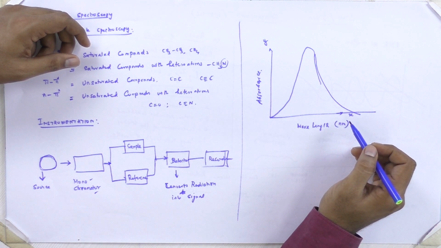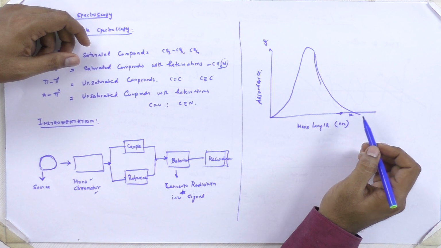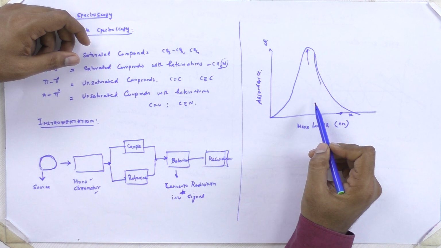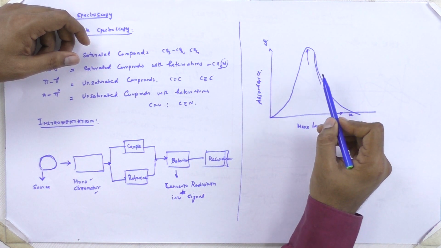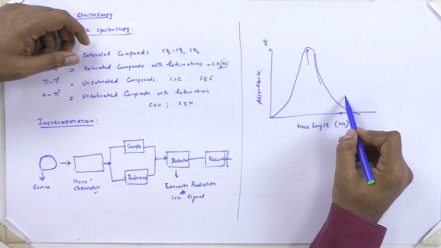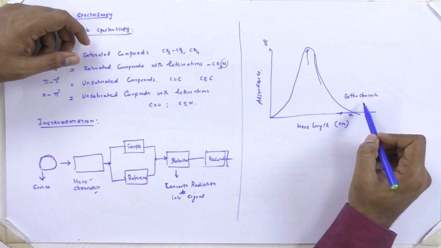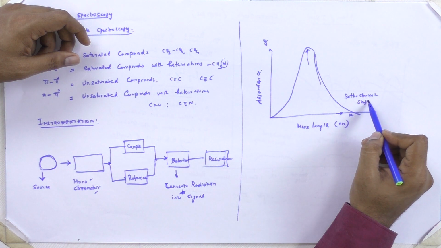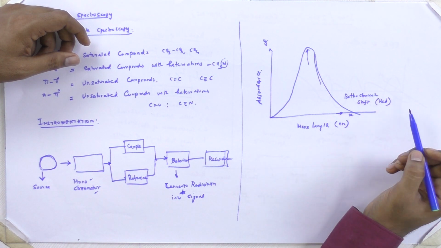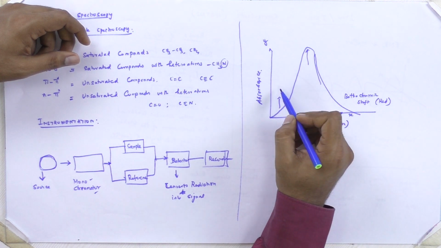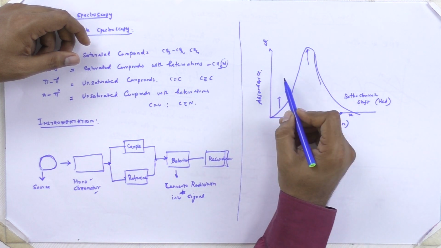There are 4 important terminologies. If the wavelength shifts to a higher wavelength, it is called a bathochromic shift, that is, a red shift. If the wavelength shifts to a lower wavelength, it is called a hypsochromic shift.